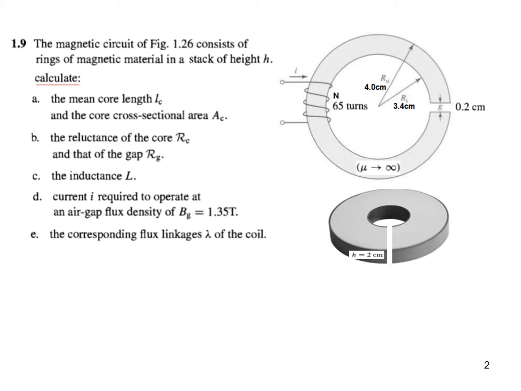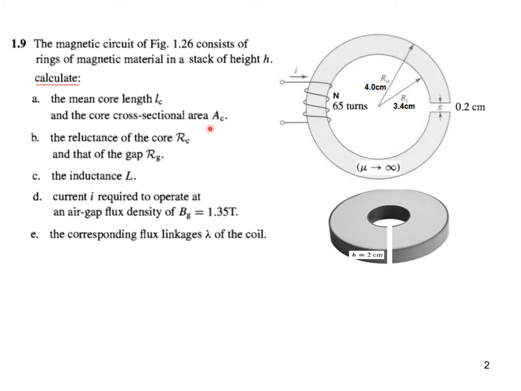What we have to find is the mean core length. So the length of this core, mean core length, that means we have to take the average of the outer and inner and then find the perimeter.